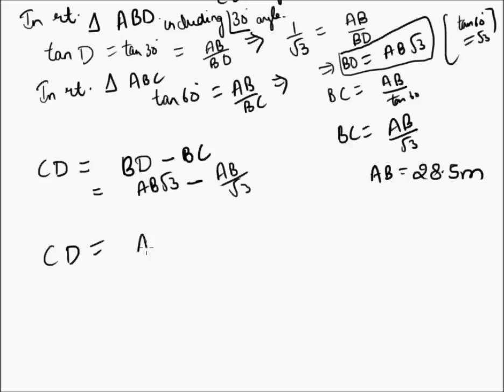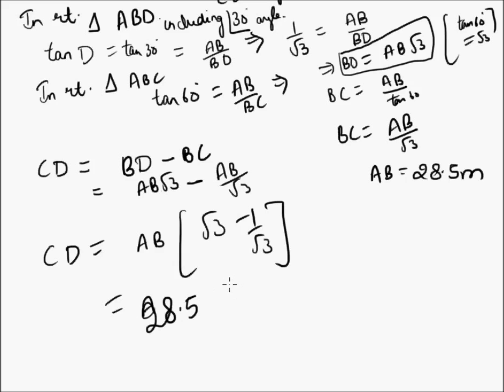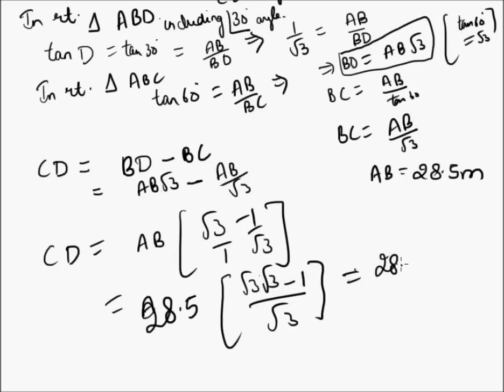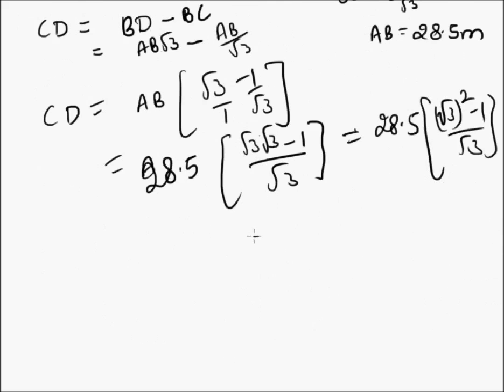So taking AB common, we have under root 3 minus 1 by under root 3, which gives us 28.5, and in the brackets we can take LCM as under root 3, so under root 3 into under root 3 minus 1, which is 28.5. Under root 3 into under root 3 is under root 3 square minus 1 over under root 3. So it is 28.5 into 3 minus 1, which is 2 over under root 3.